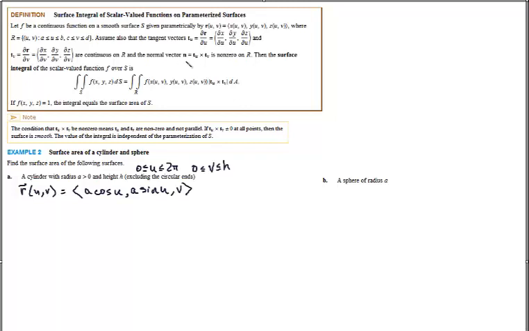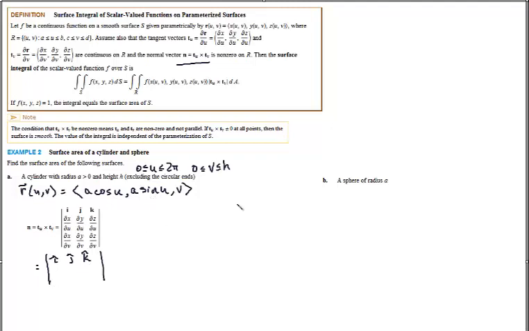Alright, next up we need to find our normal vector, and let's write down what that definition is with that cross product, and it's a lot neater than I can write it. So for our i, j, and k components, we will take the partial of this x with respect to u and place it here, and then take the partial of this y component with respect to u and place it there.